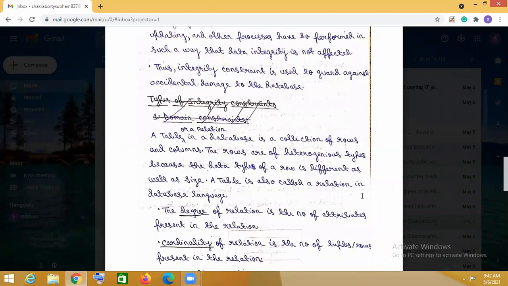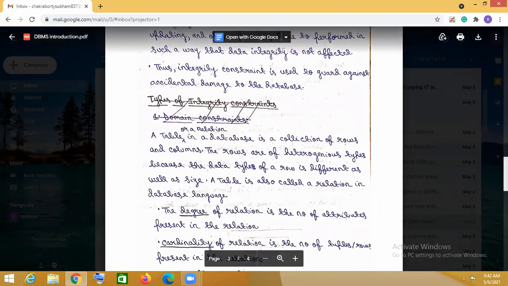Now, through this, we can know what is called the degree and what is called the cardinality of a relation, meaning of a table. What is the degree of a table or a relation and what is the cardinality of a relation?